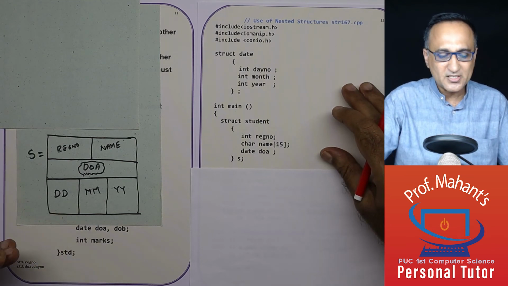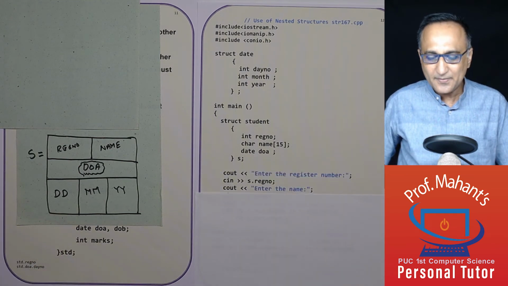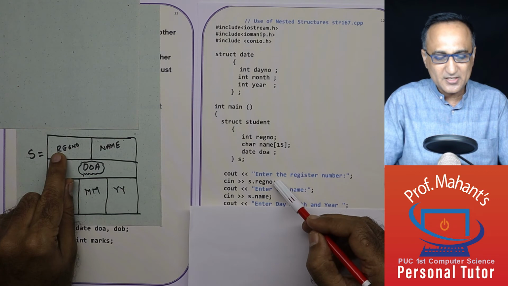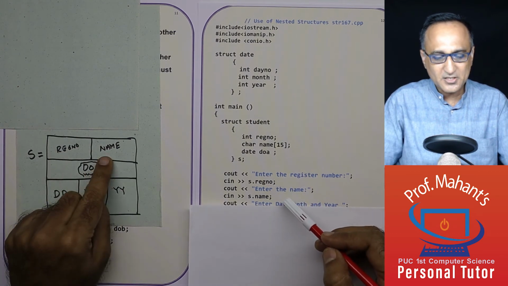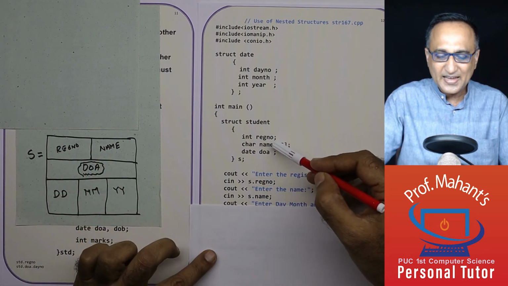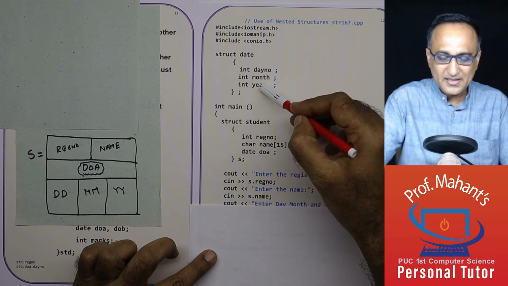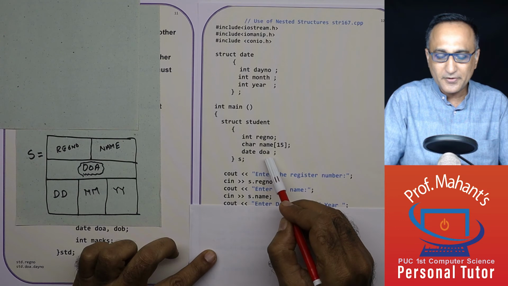This concept shall be crystal clear once we take a look at entering data. First, when I am entering the register number, it directly goes into yes.register number. Name, yes.name, because these are direct members of this structure. Whereas day number, month and year belong to date of admission.